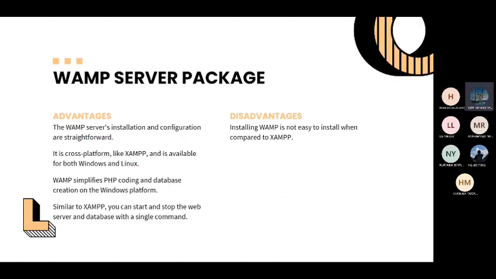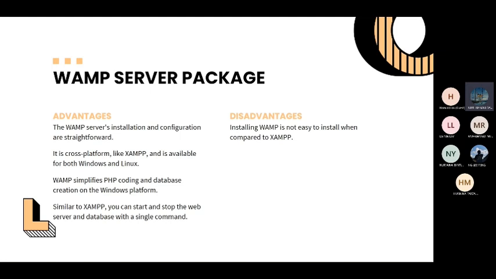So, what are the advantages and disadvantages for WAMP? Okay, the advantages for WAMP are that the server installation and configuration are straightforward. It is cross-platform like XAMPP, and it is available for both Windows and Linux.